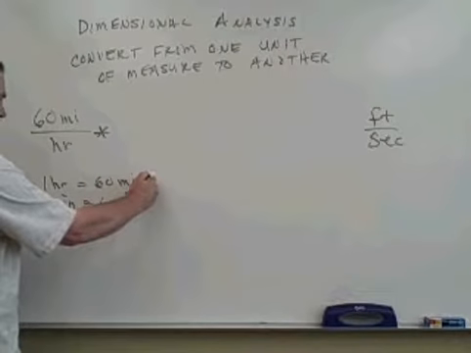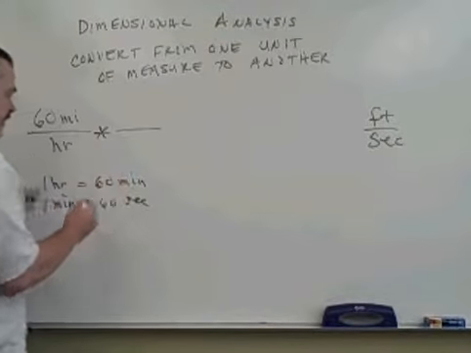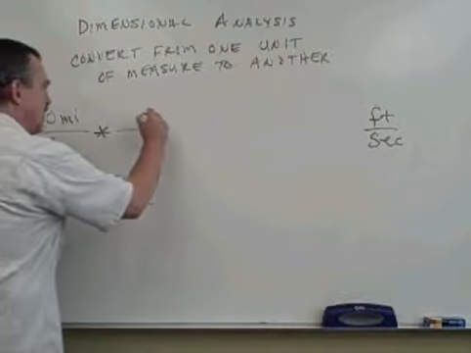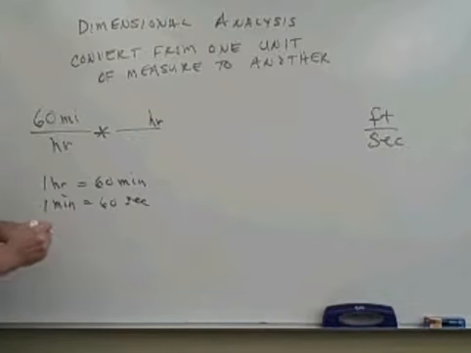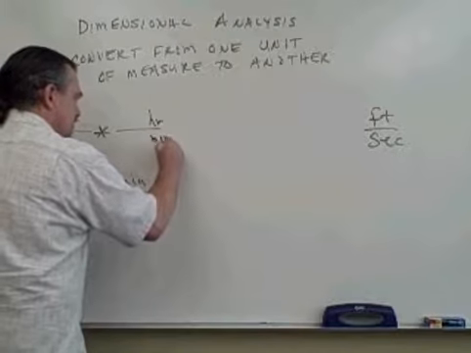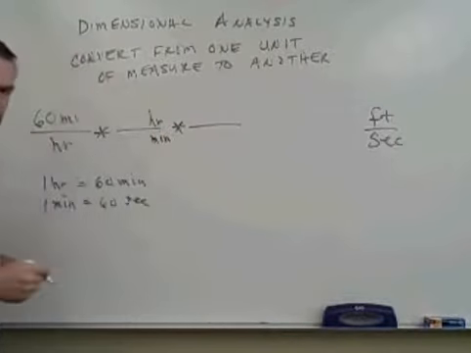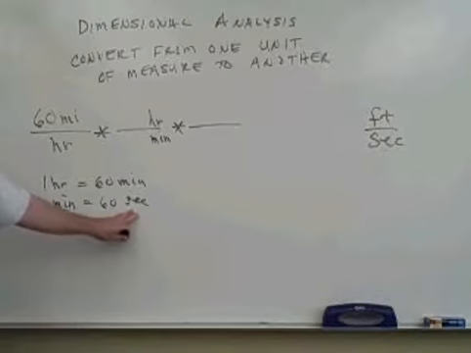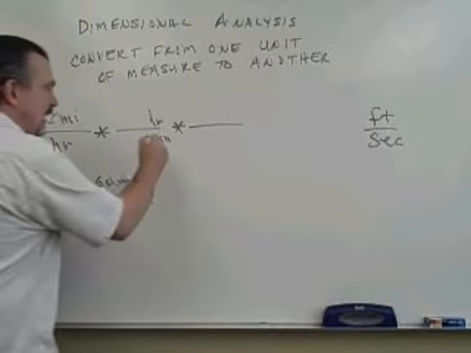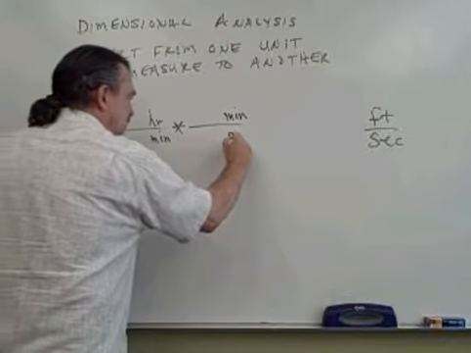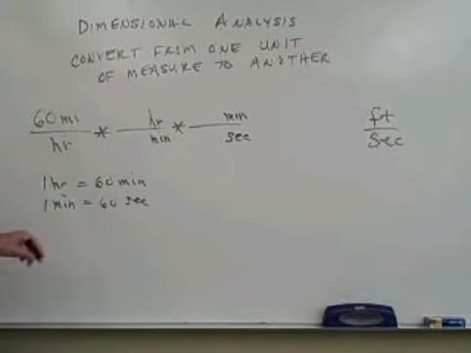So I'm going to take this first equivalence and write my first conversion fraction. So I want the hours to go away, so hours has to go in the numerator, and I'll have minutes in the denominator. Then I'll put in a second conversion fraction that will get me from minutes to seconds. So now I need to cancel the minutes that are there in the denominator and replace that with seconds in the denominator.